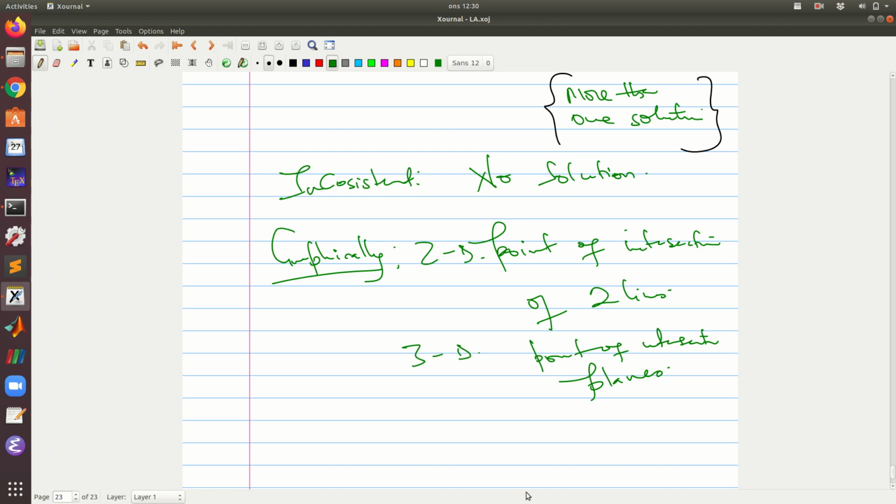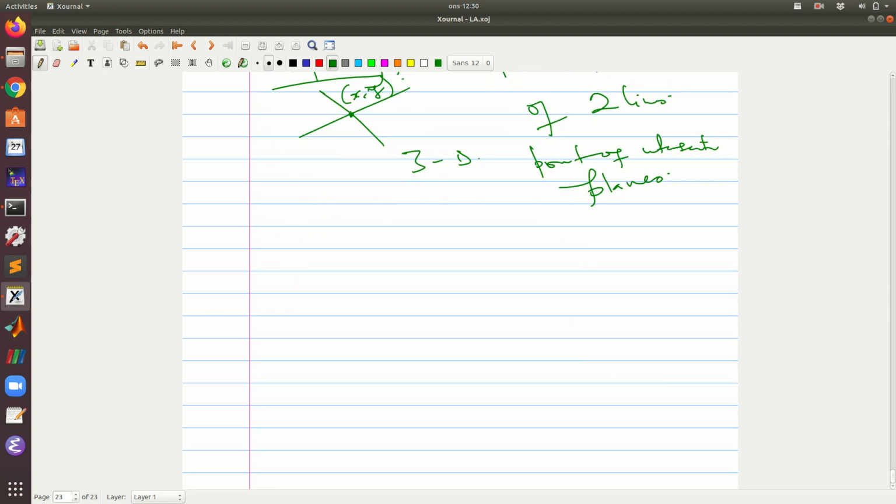So where the planes intersect, that is where I have the solution, and where the lines intersect, that is where you will have your solution, maybe x, y. But if it is more than that, of course we cannot use just these graphical illustrations. The good news is that we can always use the Gaussian elimination process to help us identify whether a system is consistent or inconsistent.